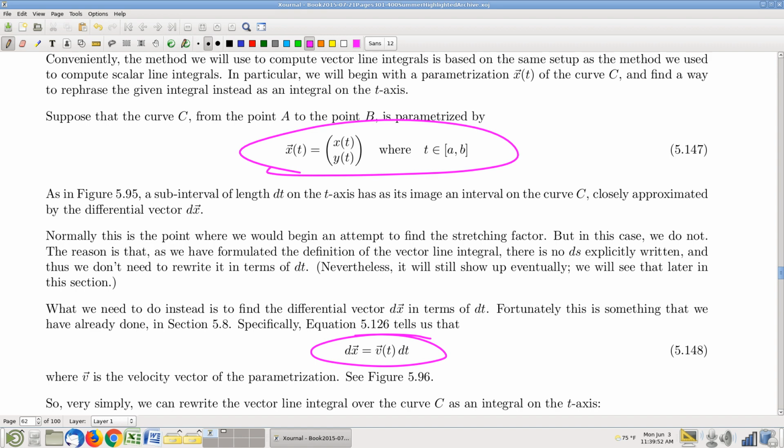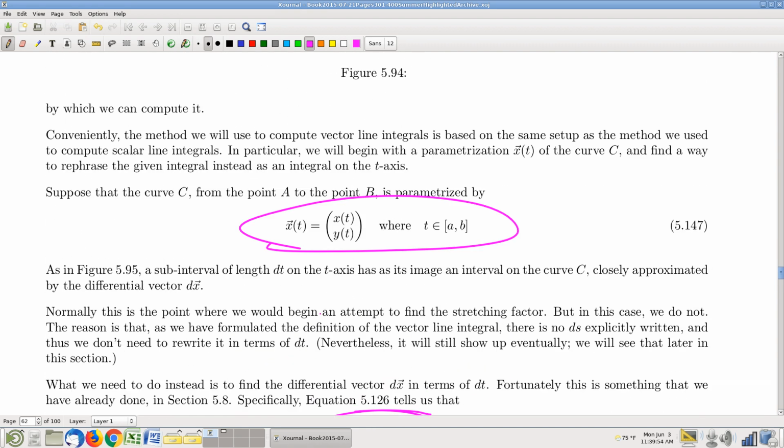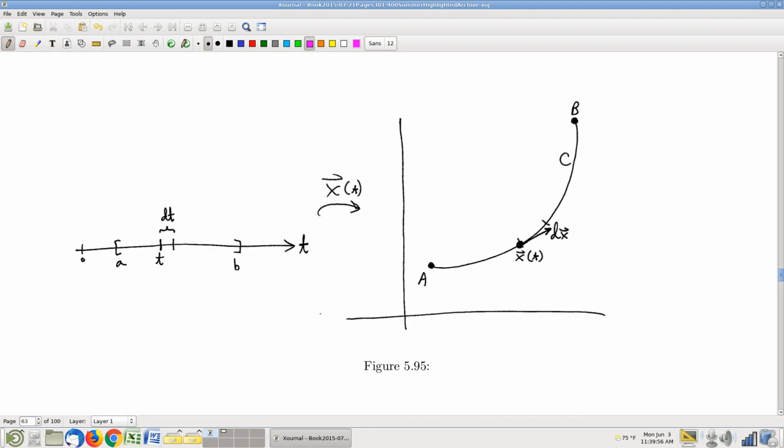Now, there's a temptation to look at this picture and say, okay, well, the big trick with pullbacks is that I've got to look at that size and that size, and I need to know how those sizes are different. I need to know the stretching factor between how big is that piece of curve and how big is that little piece of curve. And there's a temptation to say, well, I guess we better get down to it and compute that stretching factor.